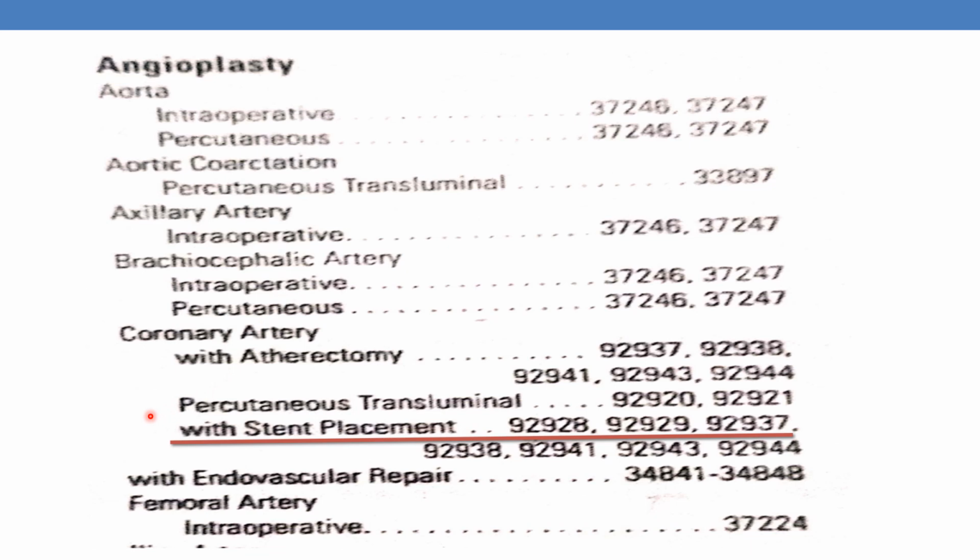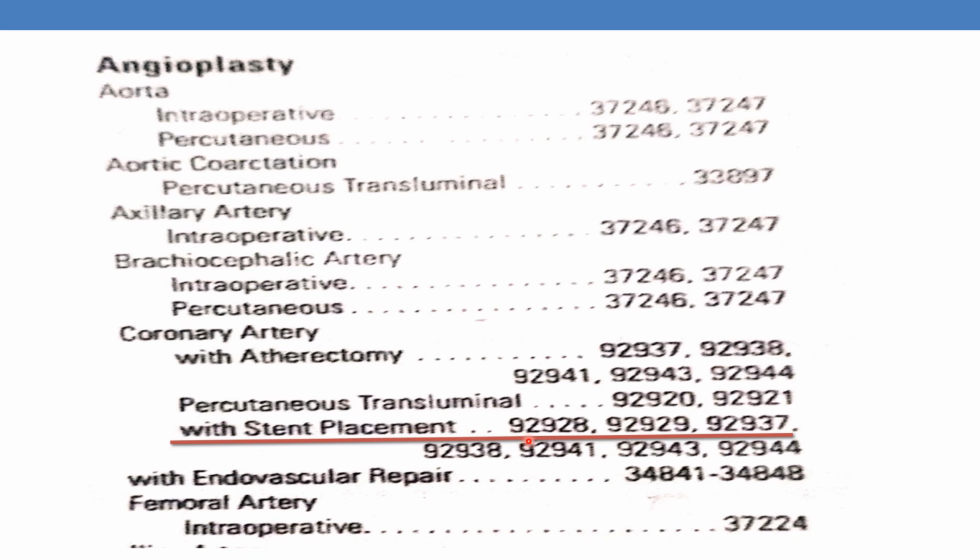But whenever percutaneous transluminal coronary angioplasty is done with the stent placement in the same operative session, the CPTs are 92928, 92929 and 92937. Below CPTs also 92938, 92941, 92943 and 92944. These are all the CPTs whenever percutaneous transluminal coronary angioplasty is performed with the stent placement.